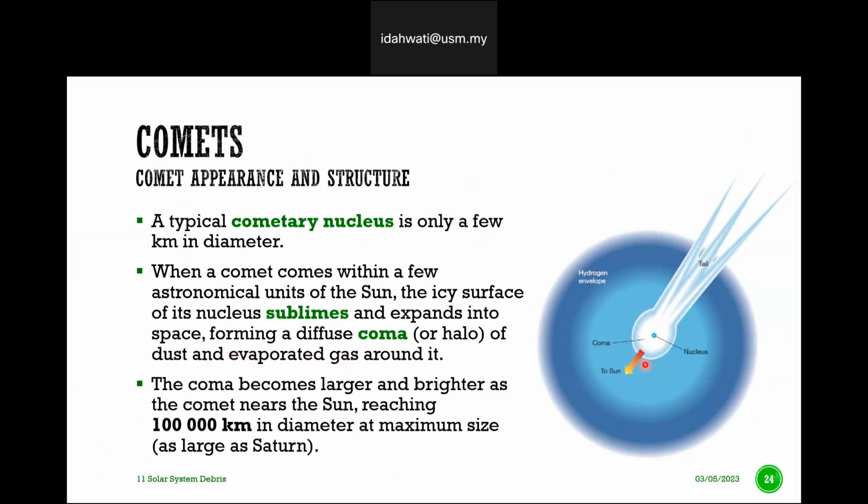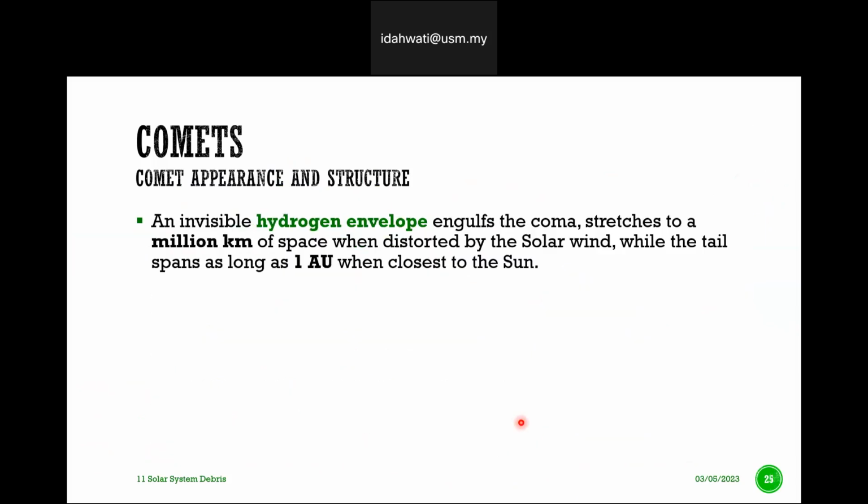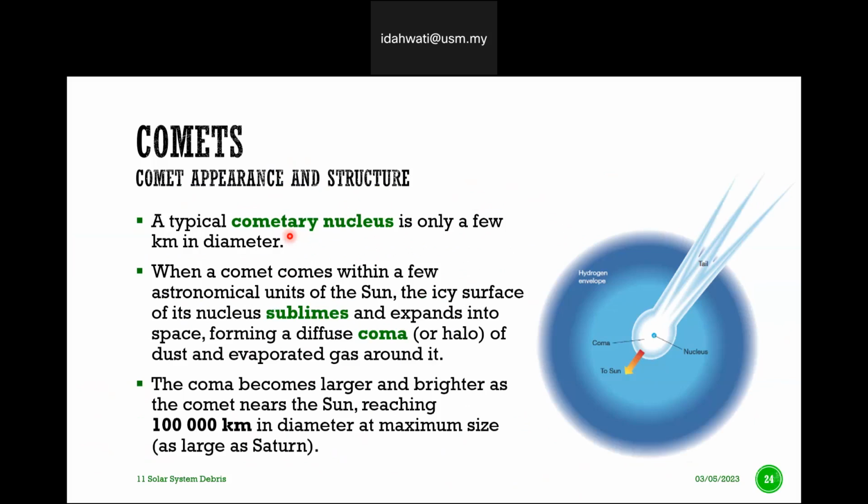The comet becomes larger and brighter as it nears the Sun, reaching 100,000 kilometers in diameter at maximum size. So the hydrogen envelope, okay, is the hydrogen envelope here. You can see in this figure, this layer.